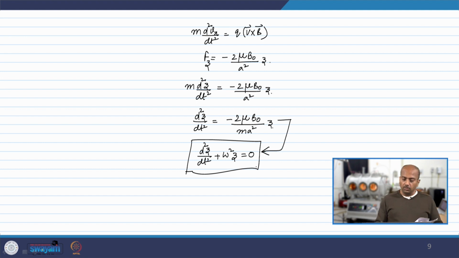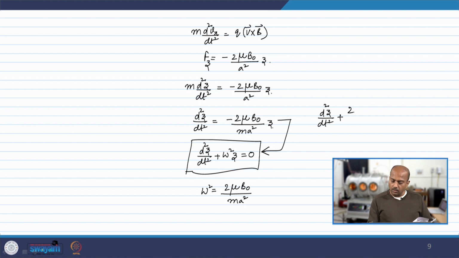So these two are similar to each other, right. That means the term that appears as a coefficient to z must be omega square. So omega square is 2 mu B naught by m A square. I will write the full relation: d square z by dt square plus 2 mu B naught by m A square z is equal to 0.